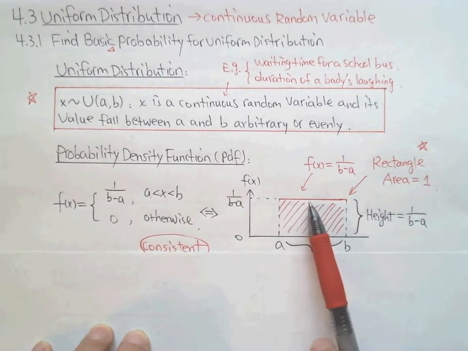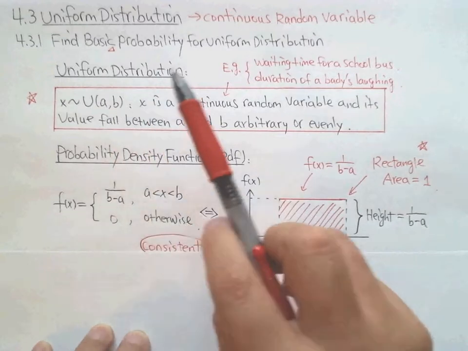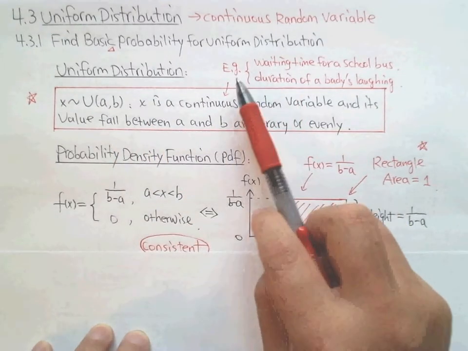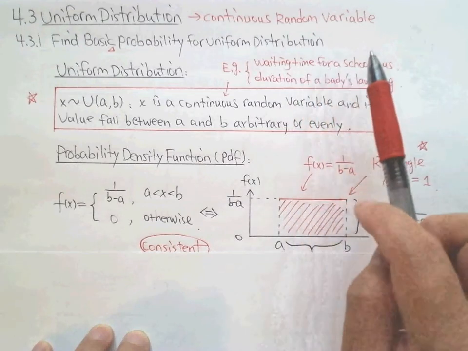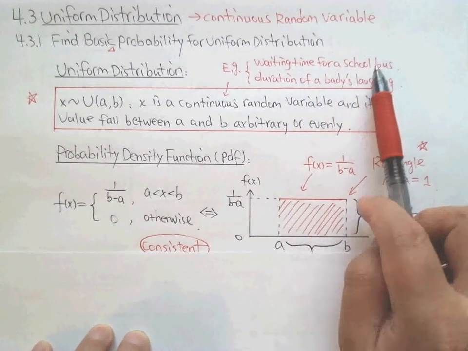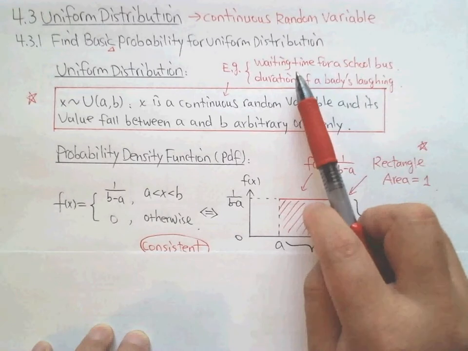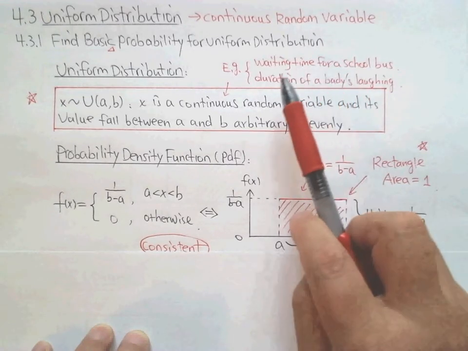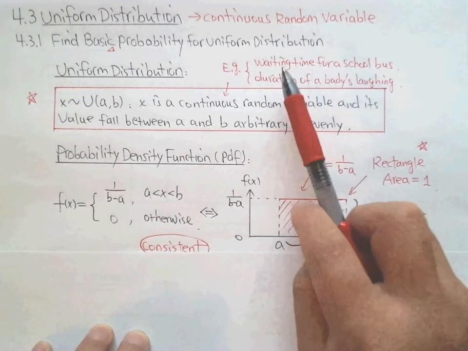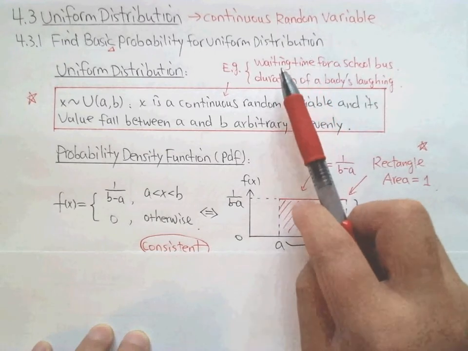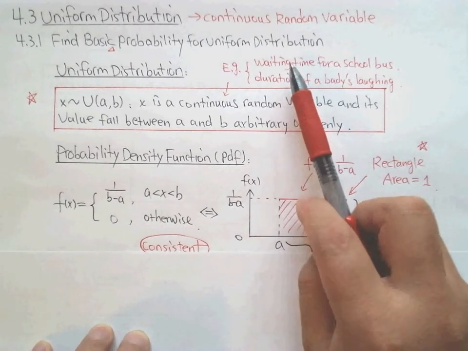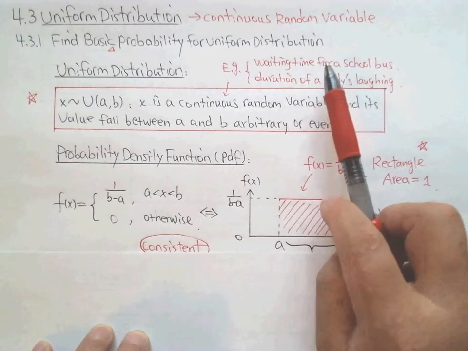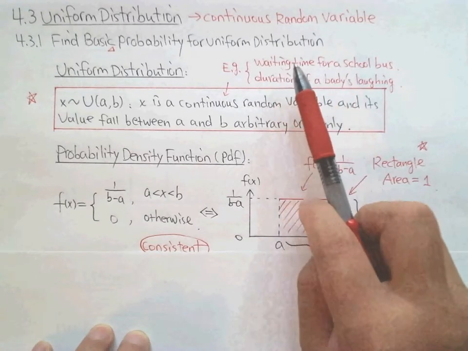Let me give two examples. The first: if your child is going to ride the school bus, sometimes the wait is like 1 minute, sometimes half an hour, still possible, right? If I say 0, sometimes probably you don't need to wait. If the minimal wait time is 0 and the maximum wait time is 30 minutes, we can usually deal with this type of distribution.